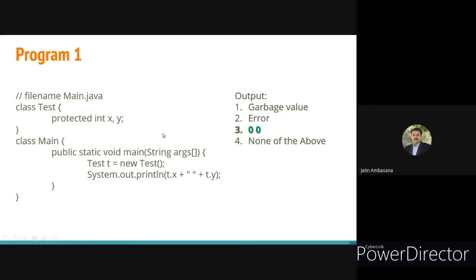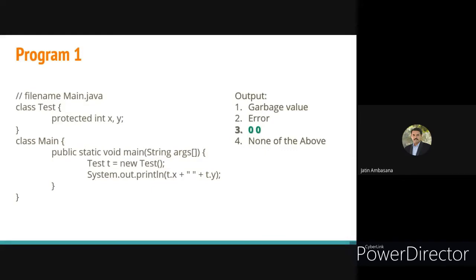Okay, no issue. So the answer is 0 0. It will give you 0 0. Whenever this object is created, it will have a default value, right? These instance variables x and y will be having default values.